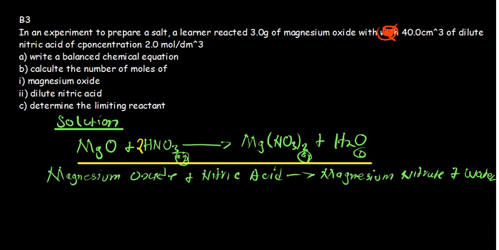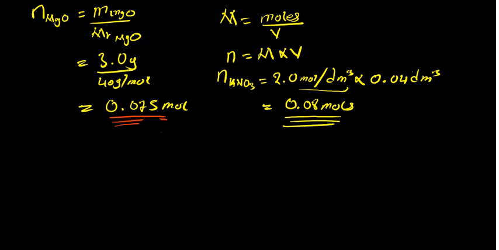So now what we have here is our magnesium oxide plus nitric acid. We have already calculated the moles from the basic information that we are given.